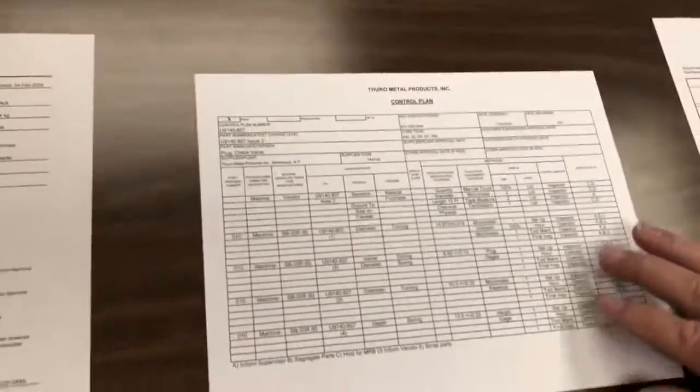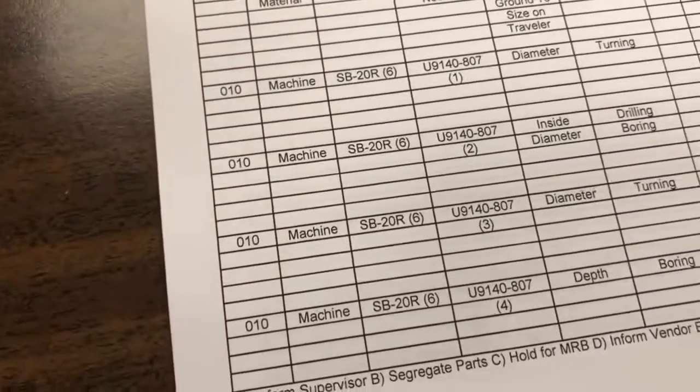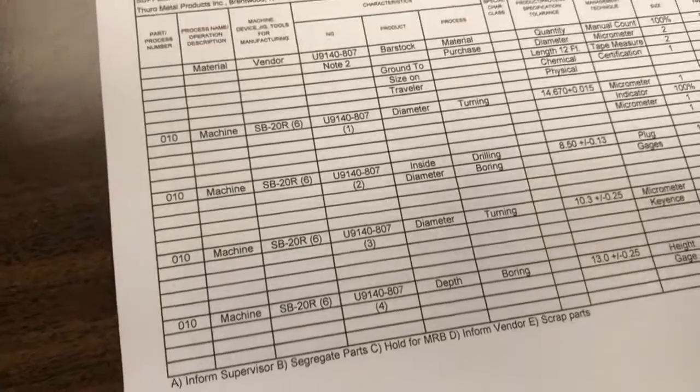So we start off with a control plan. Now the control plan takes the drawing and breaks it down into each individual dimension.